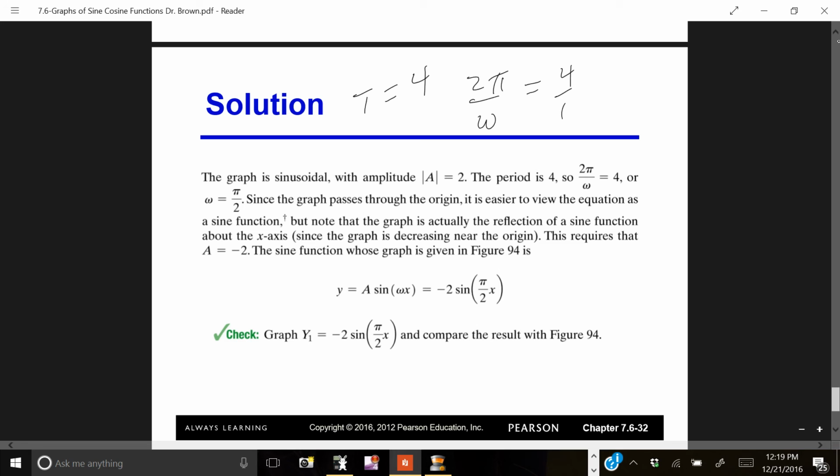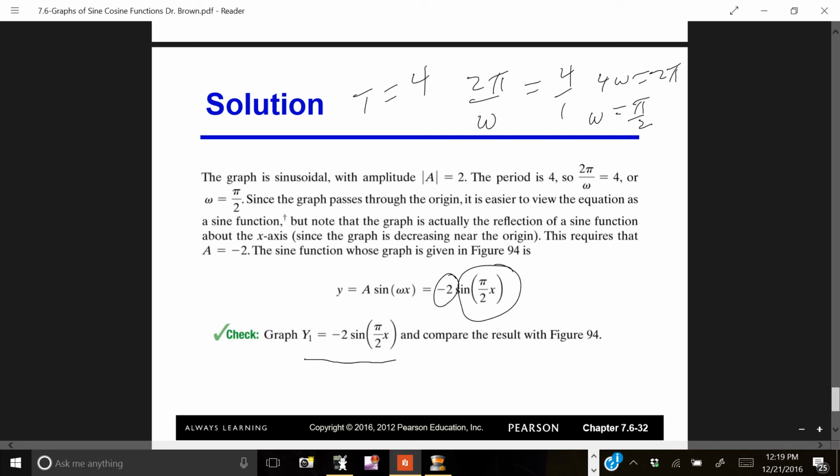Solving for omega, we get 4 omega equal 2 pi. So omega equals pi over 2. So we're going to have sine of pi over 2 times x. The amplitude, remember, was 2, but since it's going down first, we'll make it -2.